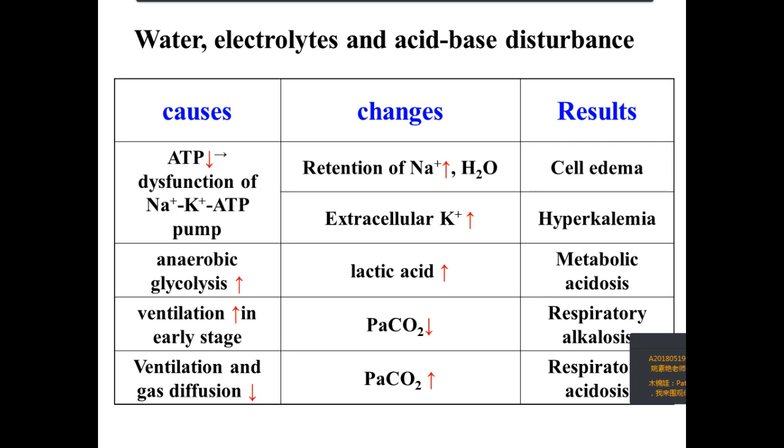Now, during the shock, does ventilation increase or decrease? During the early stage, there is hyperstress. Now, ventilation increases. So what happened? Ventilation increases, respiratory alkalosis. And during the later stage, the refractory stage, ventilation will decrease, and respiratory rate will decrease.